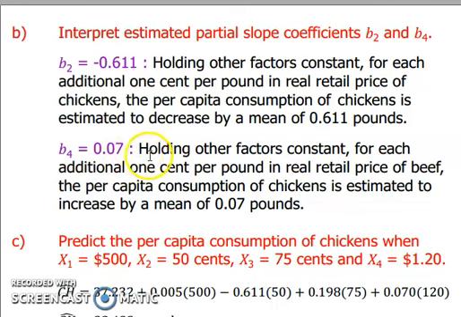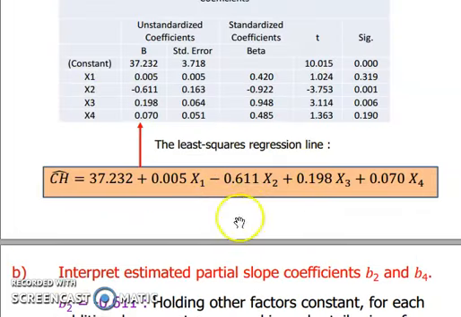So how do you interpret? Holding other factors constant, for each additional 1 cent per pound in real retail price of beef, the per capita consumption of chicken is estimated to increase by a mean of 0.07 pounds. So you can look straight away from the result here.